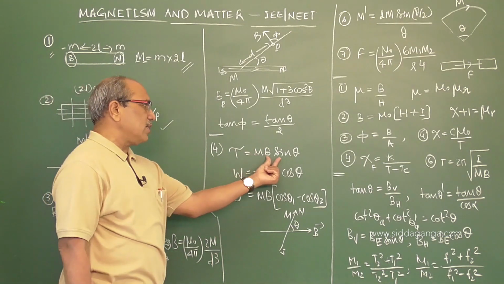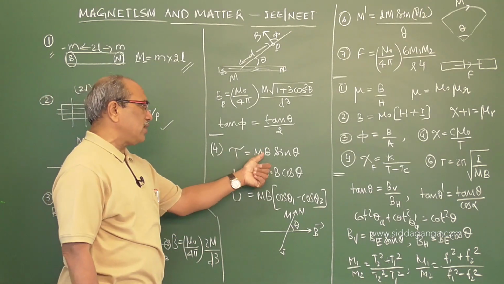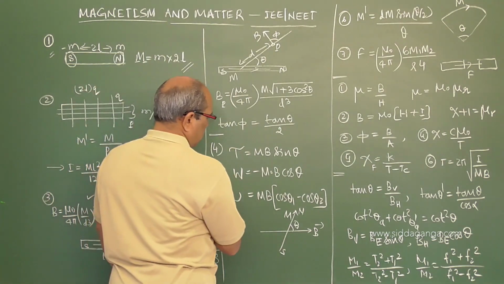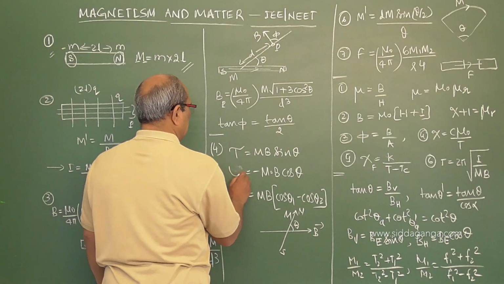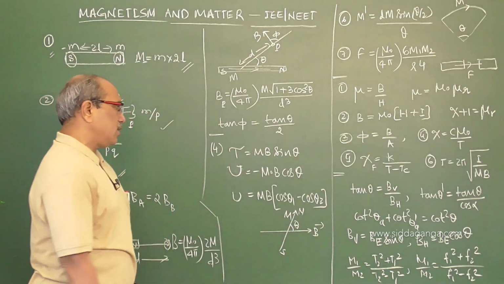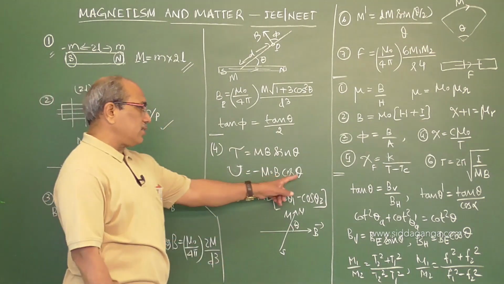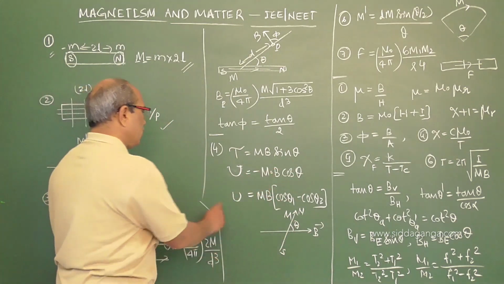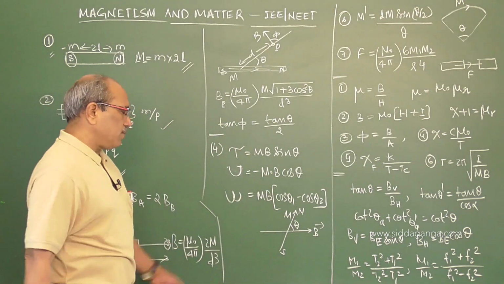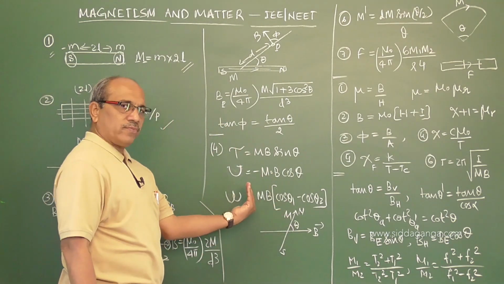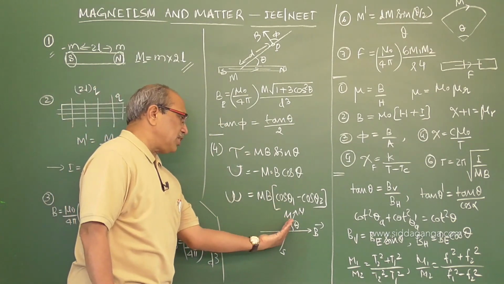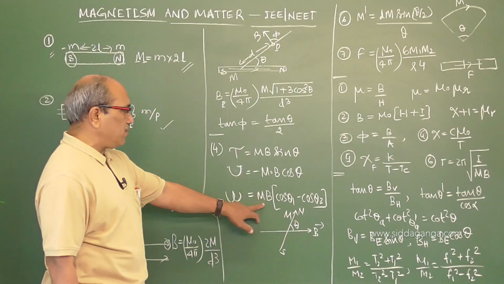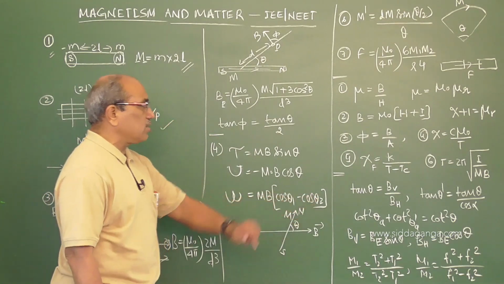The torque is given by mB sin theta, and it acts perpendicular to both m and B. And work done: the potential energy of the dipole making an angle theta with respect to B is given by minus mB cos theta. Then the work done from theta 1 to theta 2, that is, it is already at position theta 1 and we turn it to theta 2, is given by mB into cos theta 1 minus cos theta 2.